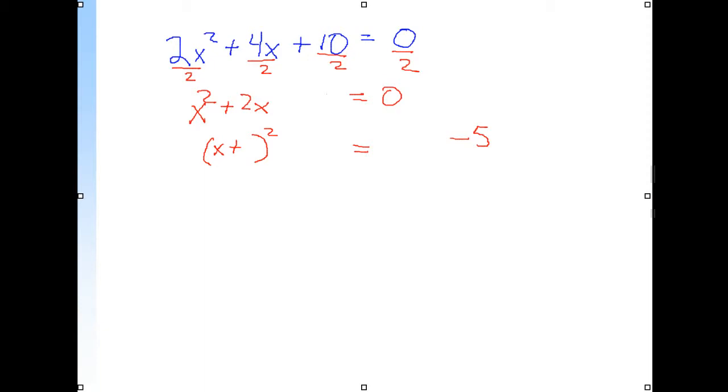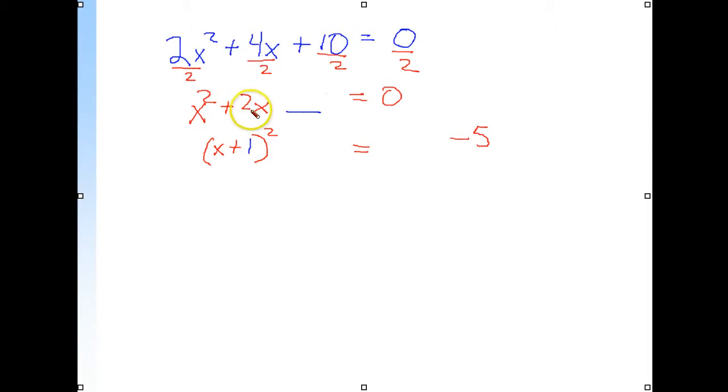And what we have to do is complete the square. Now, what do we add here to make our C term? Well, we have to take half of our B term. And what is half of 2? A 1.